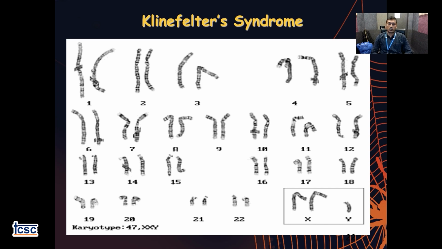Why? In Turner syndrome, one chromosome gets deleted, or separated. So the total number is 45. And in Klinefelter syndrome, there is one extra X chromosome. So instead of 46, you can say 47 chromosomes in Klinefelter syndrome.